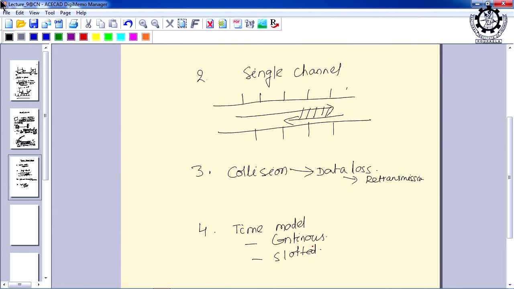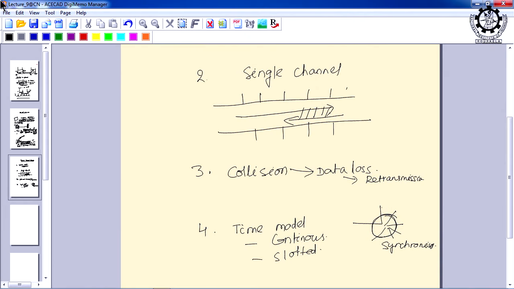What happens in this? Let us say multiple nodes are there. The whole of the time is divided into a number of time slots. Either all the multiple nodes will be synchronized to one timing, meaning they have the single timer model and everyone has to work with the centralized timer, or they can have their own independent timing, the continuous time you can say, and work accordingly.